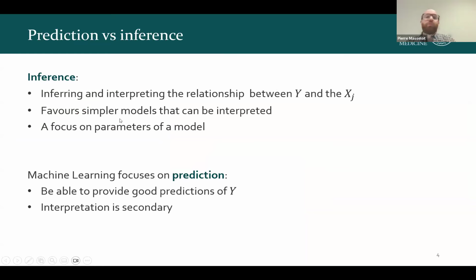So, maybe if you followed some statistics course before, this course might have focused more on inference, where the idea really is to focus more on the interpretation of this association between your target and the predictors. In inference, usually you will use linear models or relatively simple models that can be interpreted with a focus on the parameters.